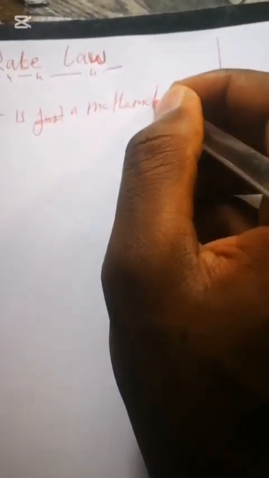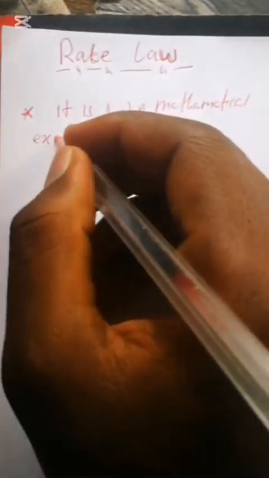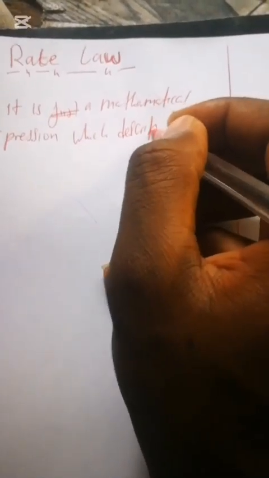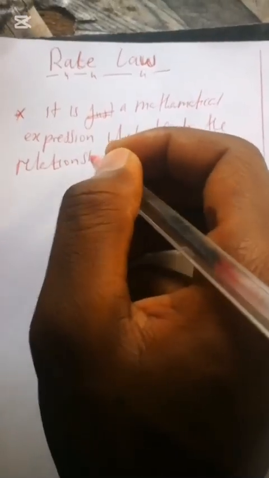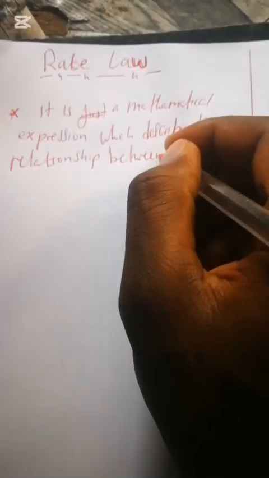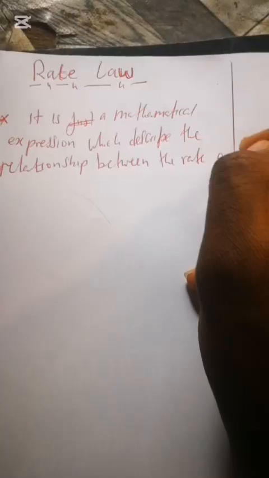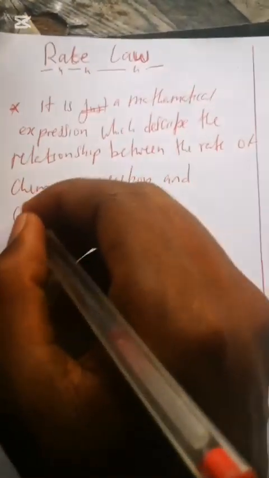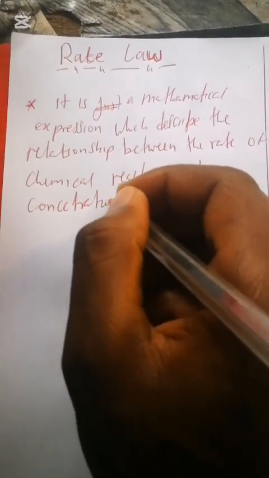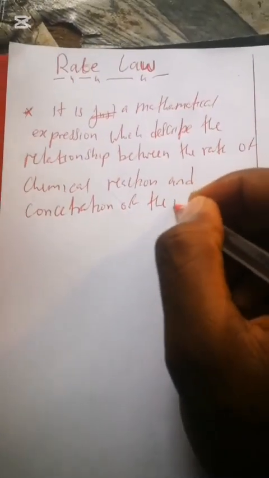So the rate law is a mathematical expression which describes the relationship between the rate of a chemical reaction and the concentration of the reactant.